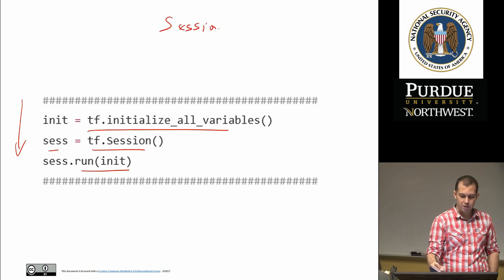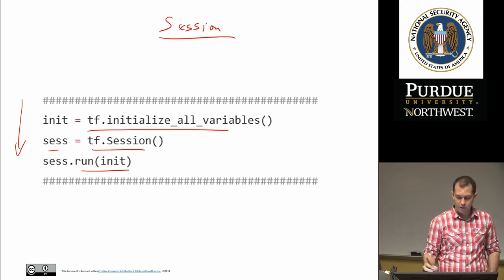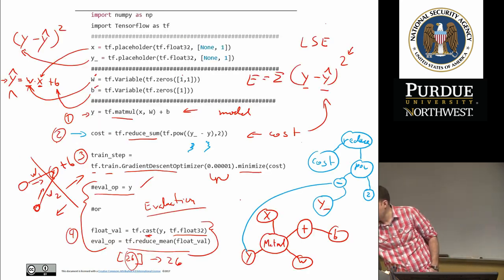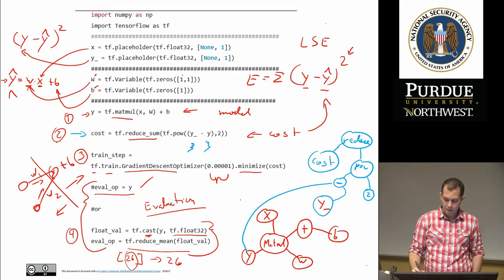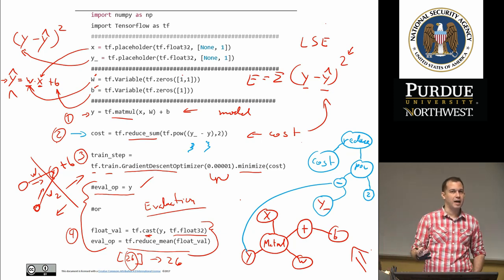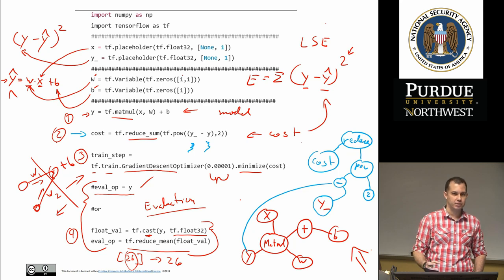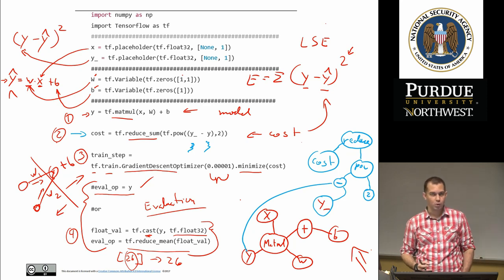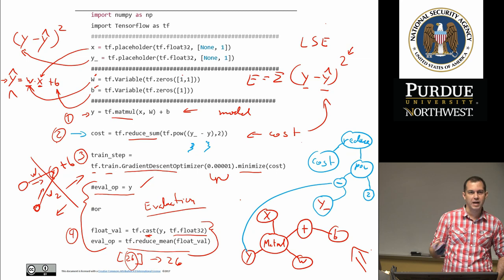This is the session section, and all we do here is, once we've created this graph, the graph is now defined, but it does not exist in memory. This is similar to object-oriented programming. You define a class, but the class doesn't really exist. There's no instance of it until you do something like new class.